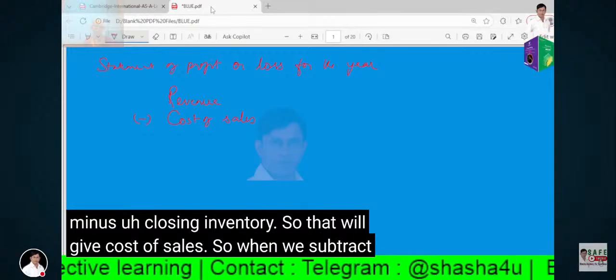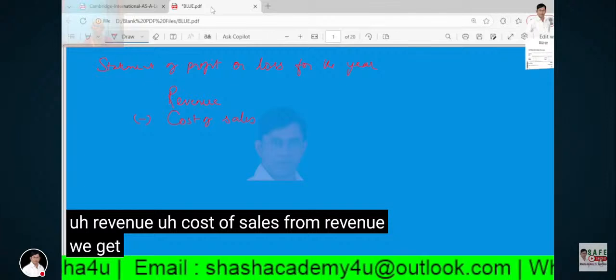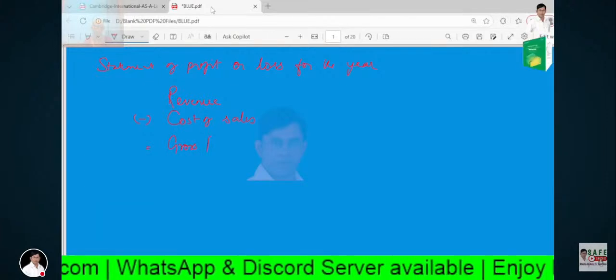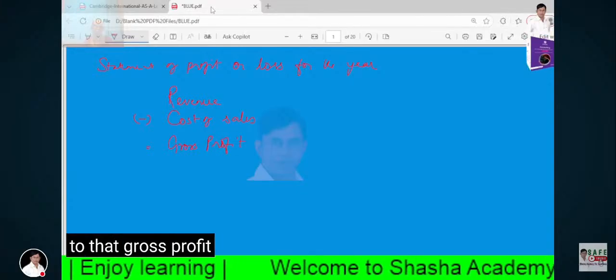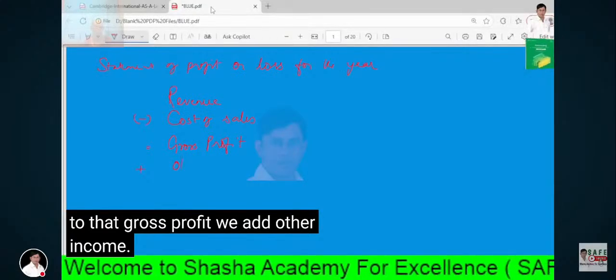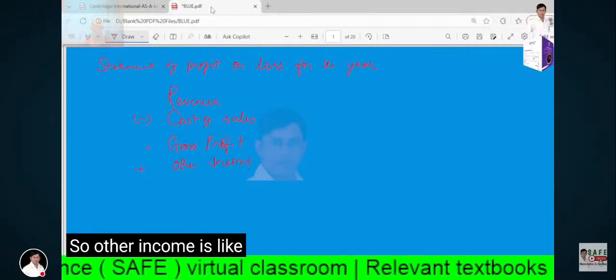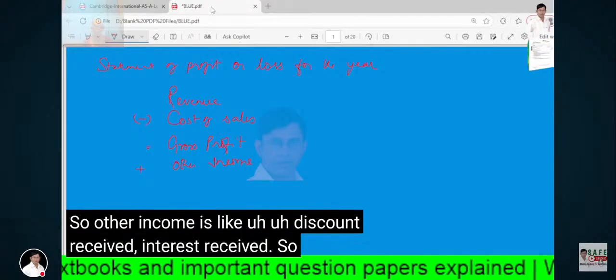When we subtract cost of sales from revenue, we get gross profit. To that gross profit, we add other income. Other income is like discount received, interest received, rent received.